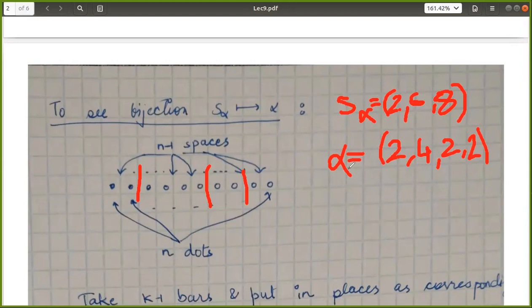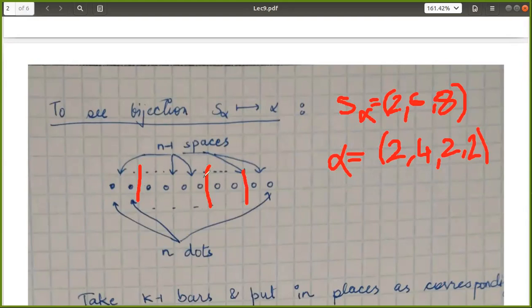And is this going to be unique? Given two different S alphas, so S alpha prime and S alpha, can I get the same K composition of the natural number that I'm working with? No, because there is a unique way in which you would put these bars, right?